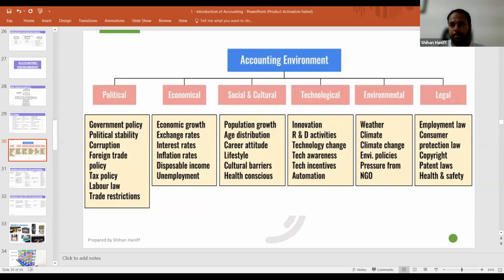Because of the environment, the business could survive or achieve very good profits, or maybe businesses will lose. So what are these environmental factors? We call it PESTEL.